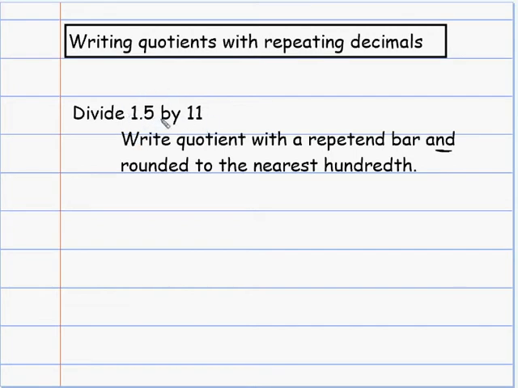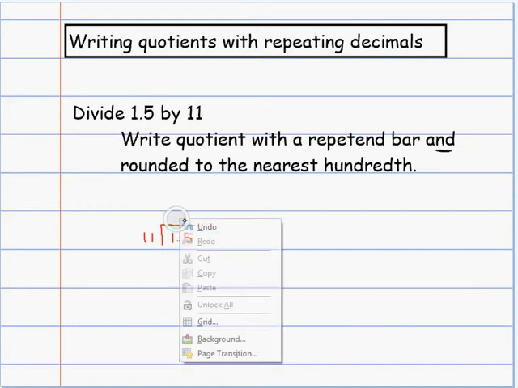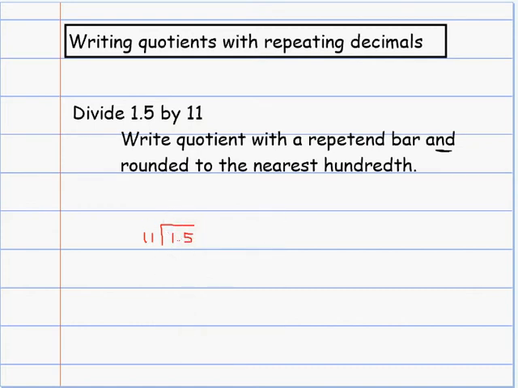You're going to divide this, that's your dividend, by 11, that's your divisor. Okay, so it starts out like a regular division problem. We have a decimal in the dividend, so we're just going to put that decimal right up in our quotient.